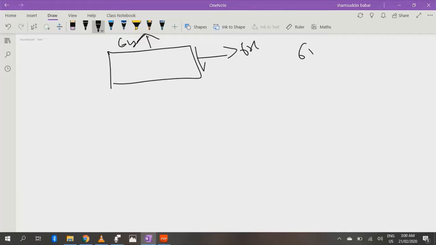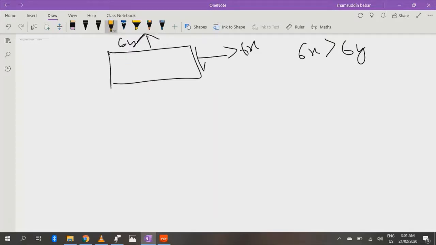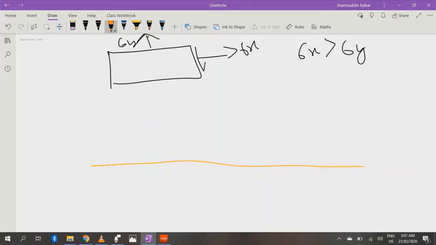We are taking stress X greater than stress Y. Now we will draw this x-axis line. On this line we will select a suitable point O. Now from this point, stress X magnitude will be J and stress Y magnitude will be K. For example, this is our point J and this is our point K.